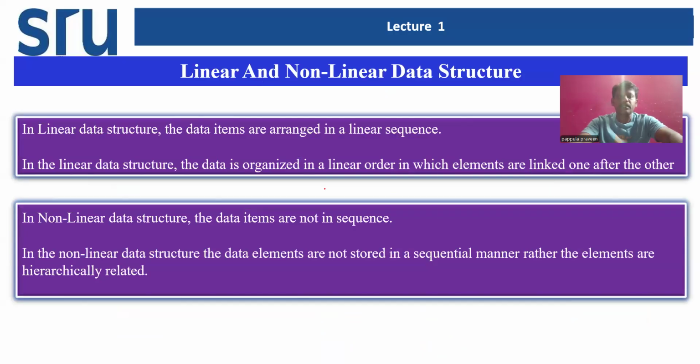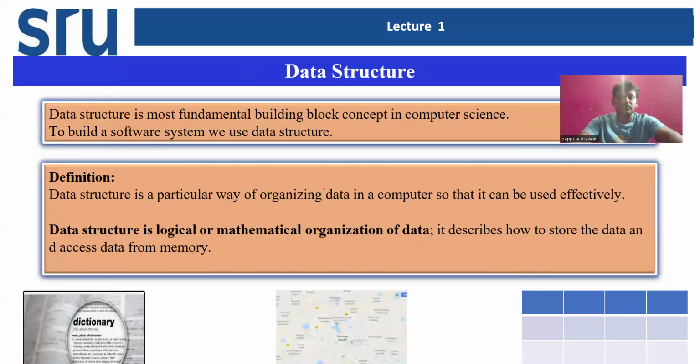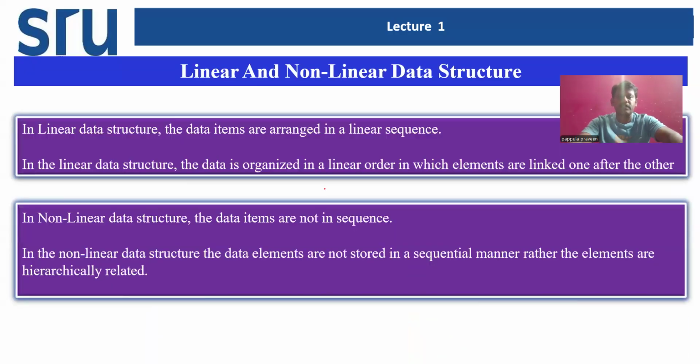Now, in a linear data structure, the data items are arranged in a linear sequence. Data is organized in a linear order, which means sequential order. In a non-linear data structure, the data items are not in a sequence.